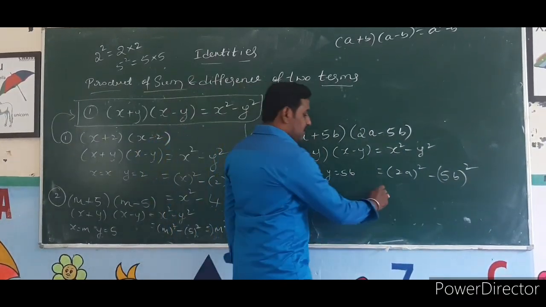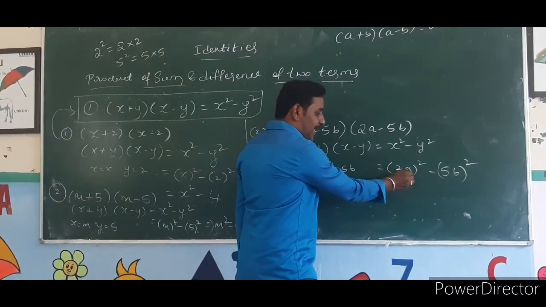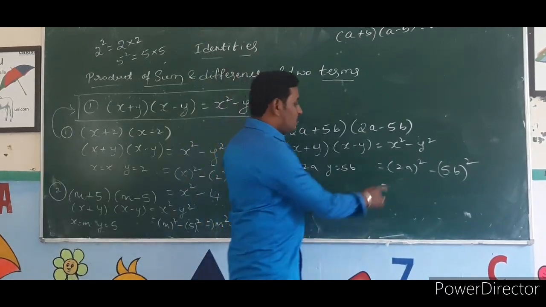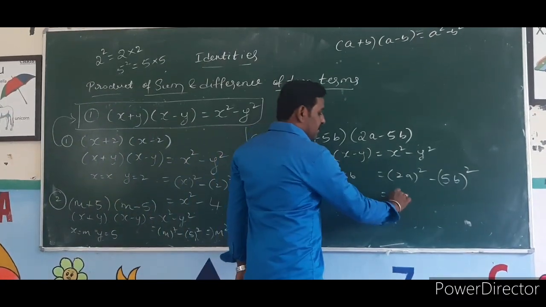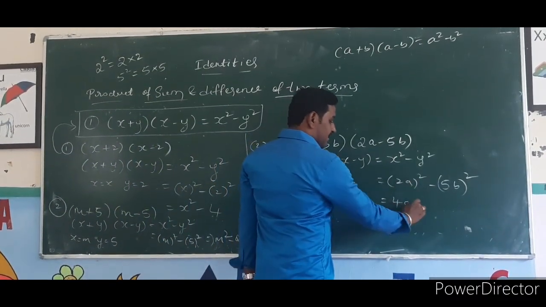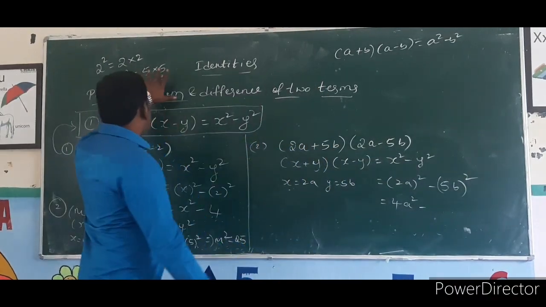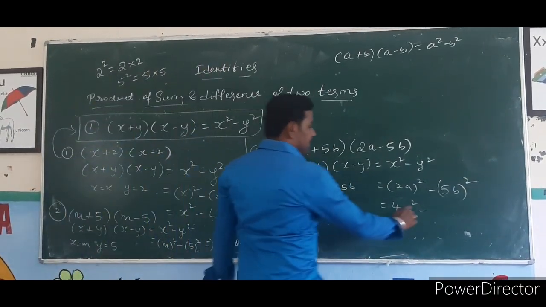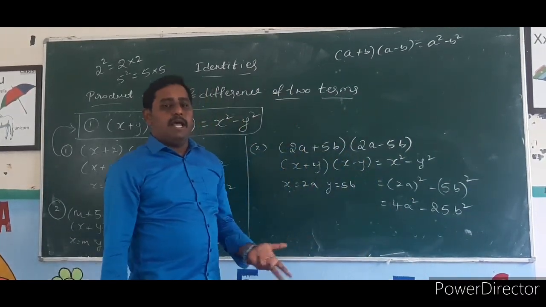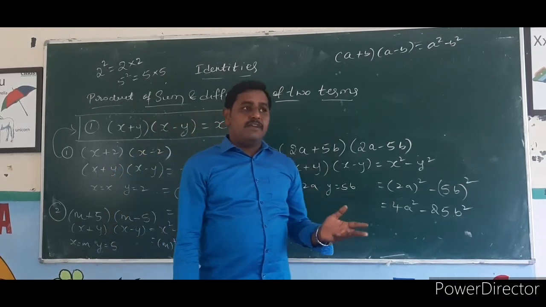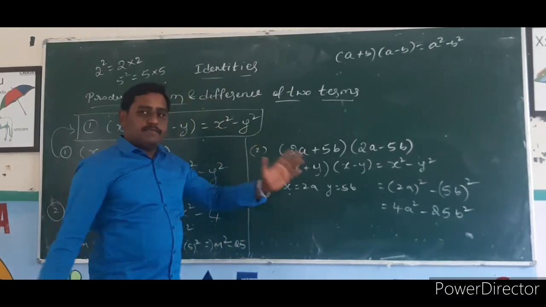This power is applicable for both numerical values and variables. 2² means 2 into 2, which is 4. a² stays a². Minus 5² means 5 into 5, 5 fives are 25, so 25b². That's all. Very simple, and it is very useful for solving further problems also. So you can learn this formula.